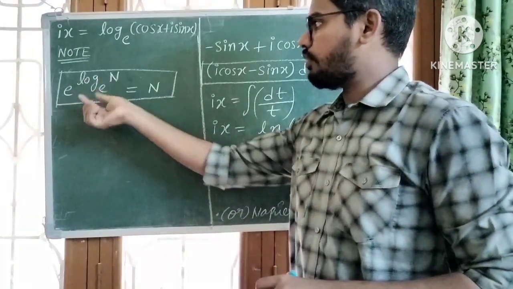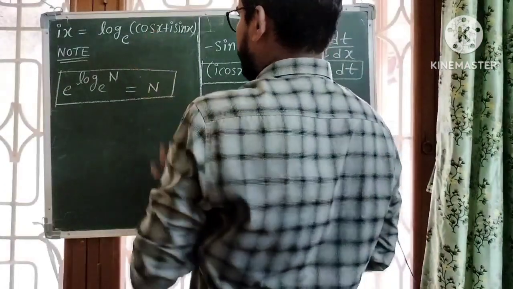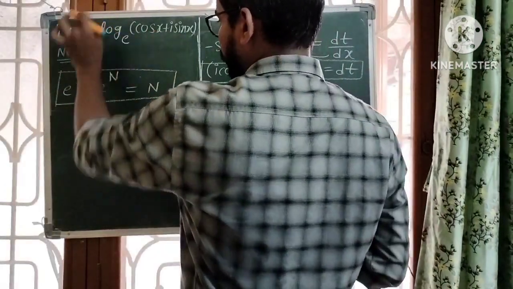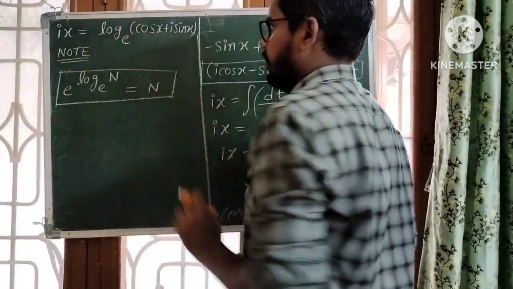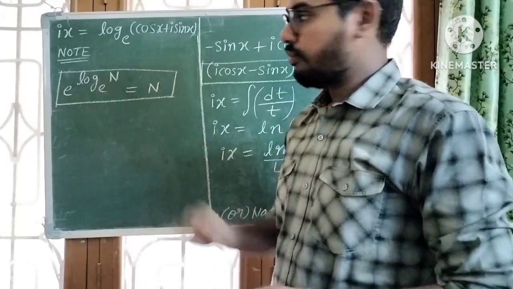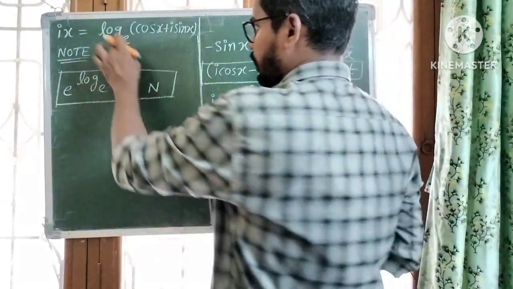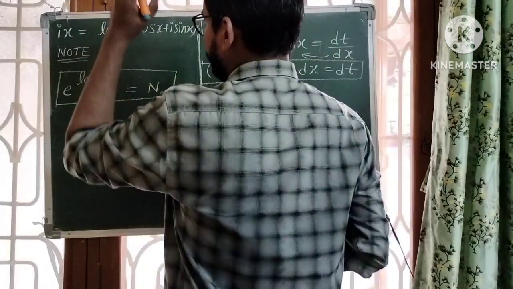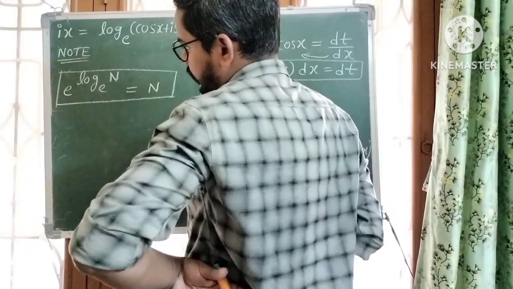This is one of the formulas in logarithms. So we need cos x plus i sin x. So we have to eliminate this log e. In order to eliminate this log to the base e, we need e power. So it must be a power of e.